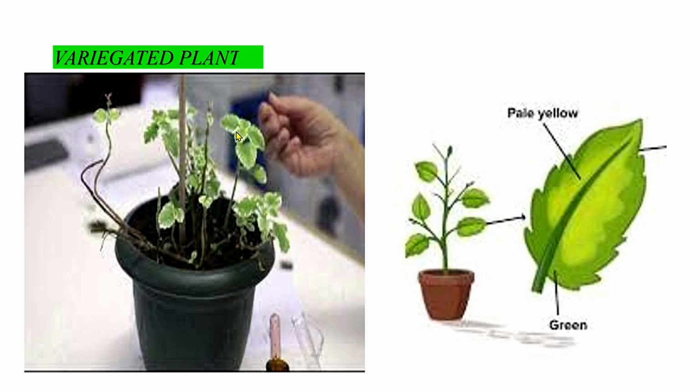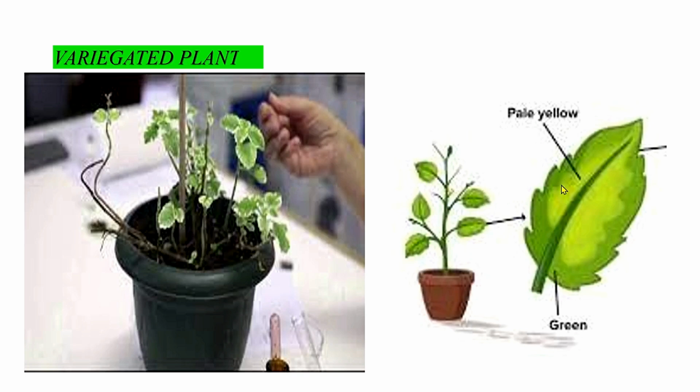You might have observed in this leaf the edges are white in color and the middle is dark green. The part that is dark green contains more chloroplast, which has more chlorophyll pigments, so that it is able to prepare the food.